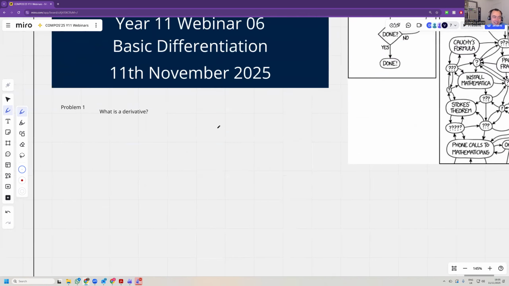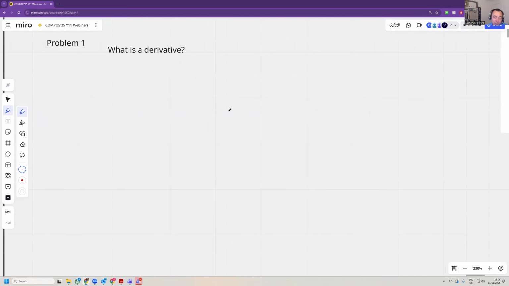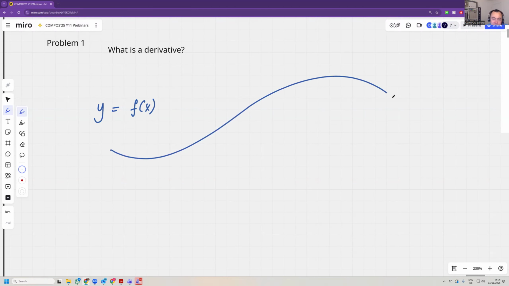Anyways, what is a derivative? Well, if you have a function f of x, let's say y equals f of x, and if you draw the graph of that function, it looks something like this. And at any point, this function has a gradient.